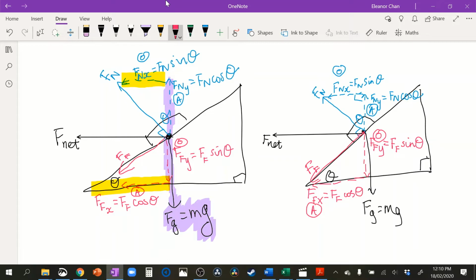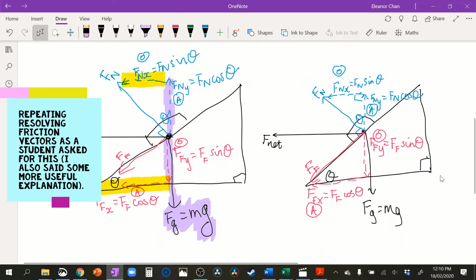Which bit do you need me to repeat? The vertical, okay, we've made that Ffy. The horizontal is the Ffx, okay? Now, we know that theta is in that bottom left-hand corner, because that's the angle of the banked incline. That's your original, that's 15 degrees. So if we label it based on trigonometry, your vertical is opposite and your horizontal is adjacent. So we go back to the vertical.